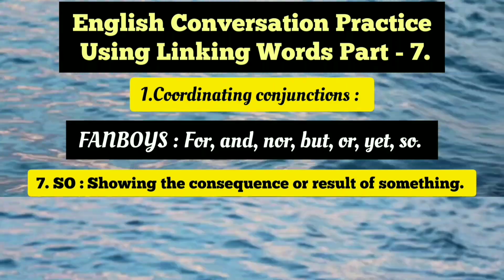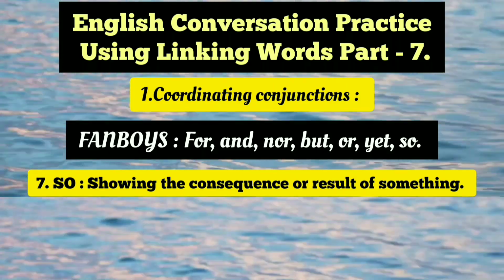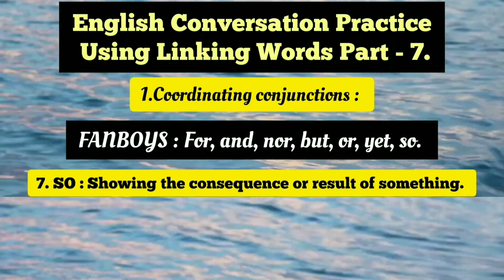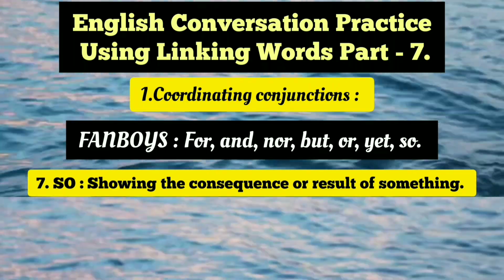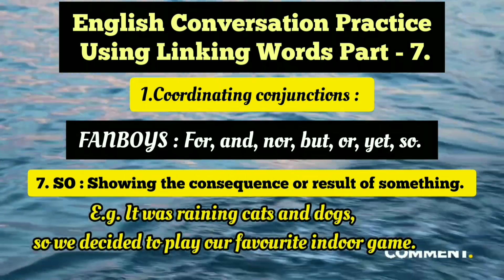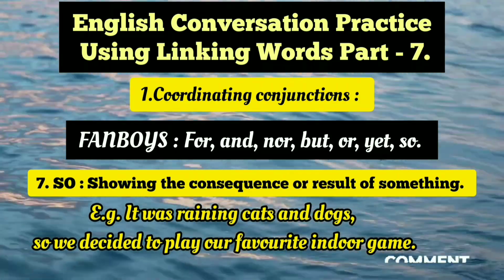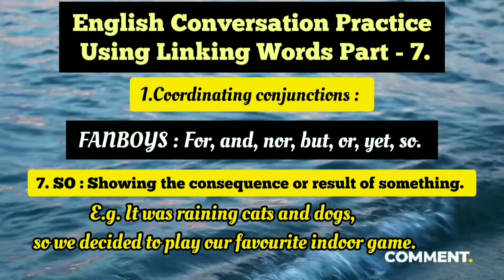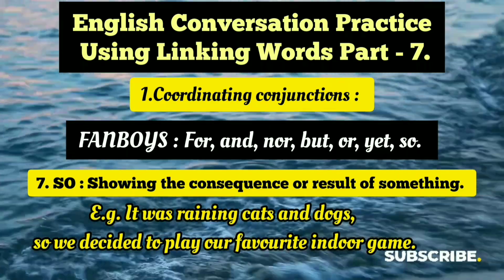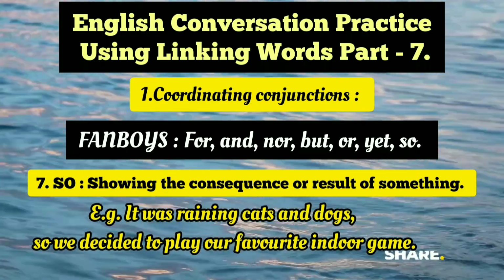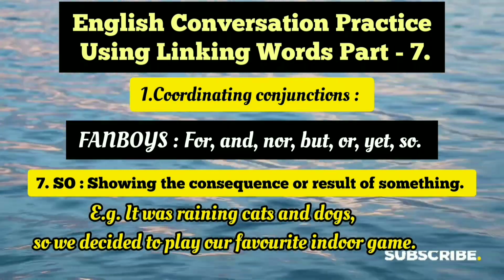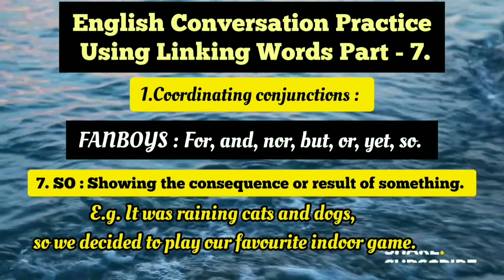In case of reason we use because, or we can use for, right? But so is primarily used to talk about the result of something. So let me show you how to use it. It was raining cats and dogs, so we decided to play our favorite indoor game. Here I'm joining it was raining cats and dogs with we decided to play our favorite indoor game using so. It was raining cats and dogs, so as a result of it we decided to play our favorite indoor game.